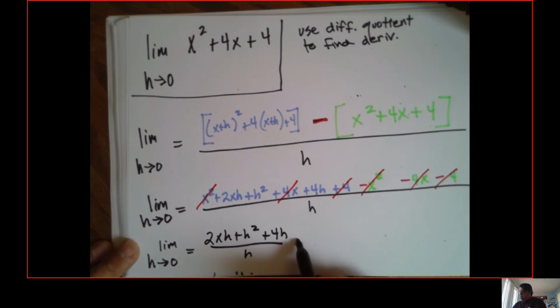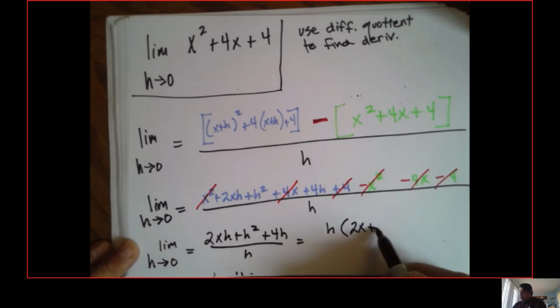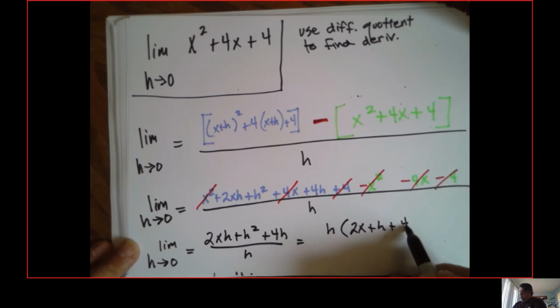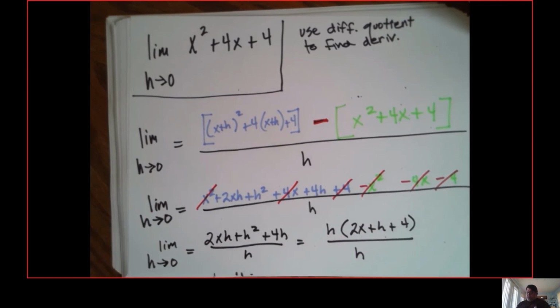And I'm going to take out an h, and that's going to give me 2x plus h plus 4 over h. And what happens to the h terms? They cancel. And remember, you have the limit.